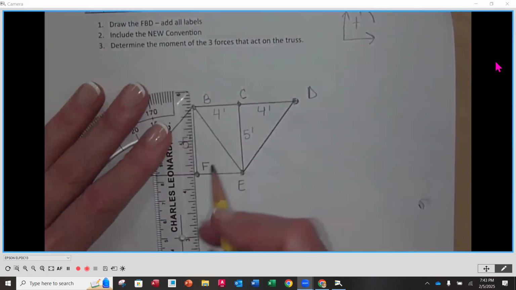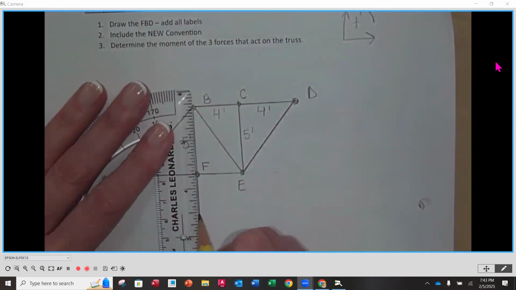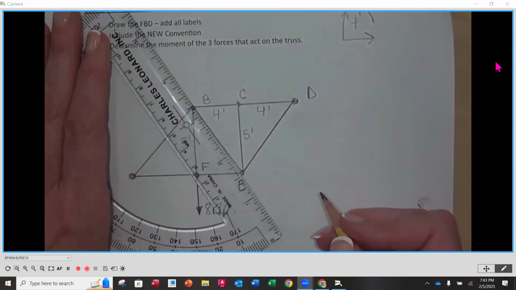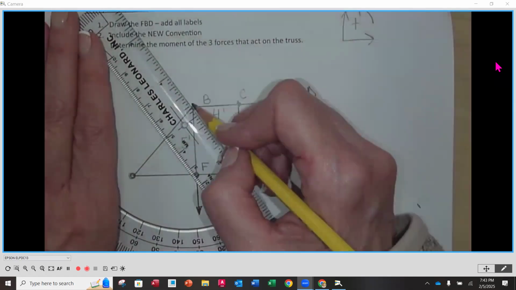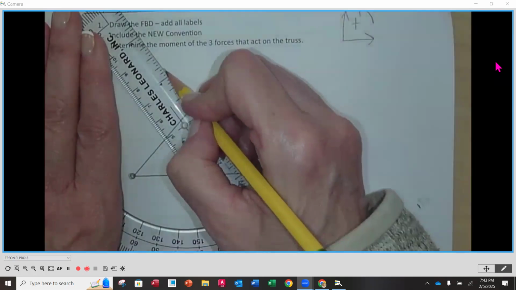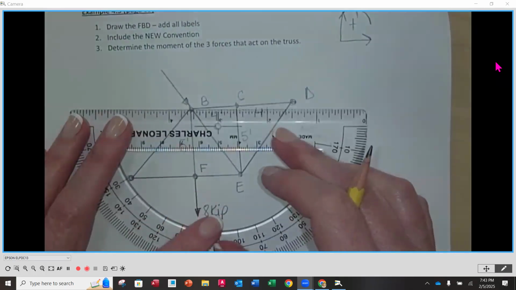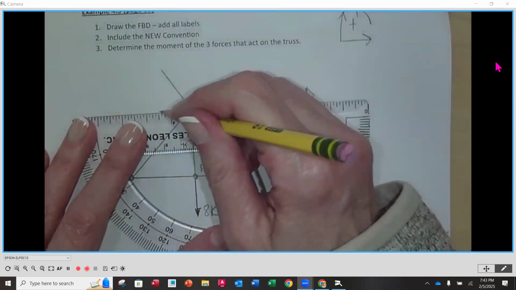We have a force going straight down at F, and that is 8 kips. What's a kip again? Do you guys remember? 1,000 pounds. So it's technically 8,000 pounds, but we can make it a shortened version by calling it a kip.